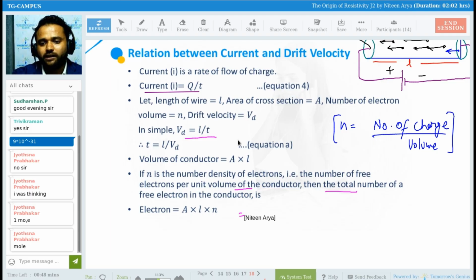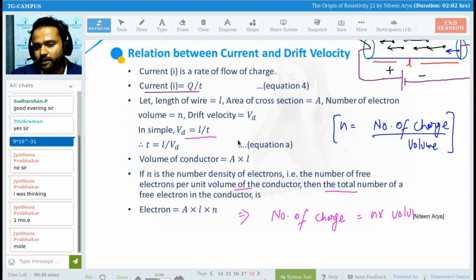Why is this so? Because n is the number of charge per unit volume. So if I want to find the total number of charge particles, I take n into volume, and volume is area into length. So this is your relation till now.